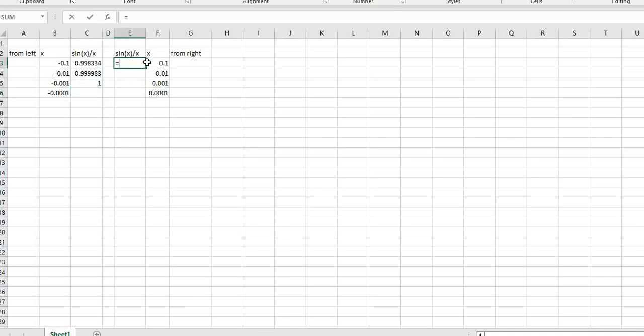On the right, equal to sine of positive 0.1 divided by positive 0.1. The second step will give us sine of 0.01 divided by 0.01, and the next step will be sine of 0.001 divided by 0.001, already converged to 1 on the third step.